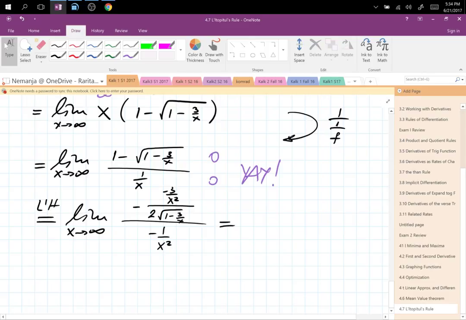So now we are going to multiply by x squared, and that will eliminate some of these x squares. So we lose the entire denominator now because we multiplied, and all we have is the numerator, which says negative 3 divided by 2 square root of 1 minus 3 over x.